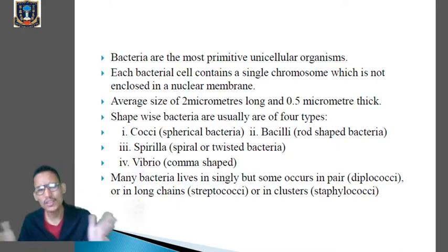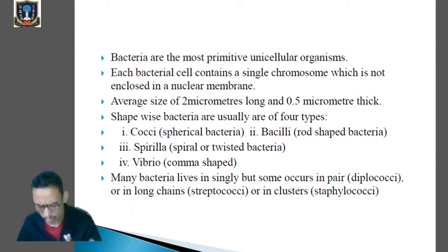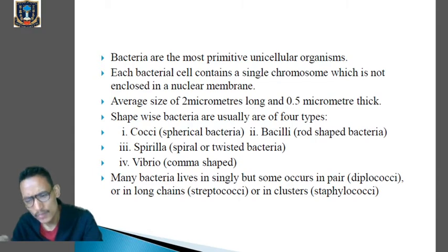Now there are several thousand known species of bacteria which occur in air, water, soil, and food. Okay, and even inside the body of living organisms also. In short, we can say everywhere. In our body, there are hundreds and thousands of bacteria that occur in the mouth, in the small intestine, and on the skin also. Clear? And there are a few beneficial bacteria.